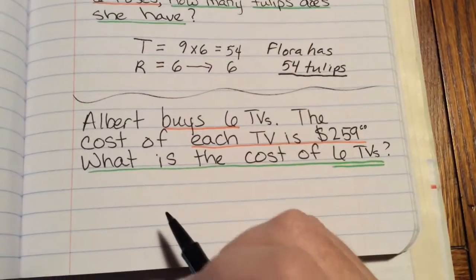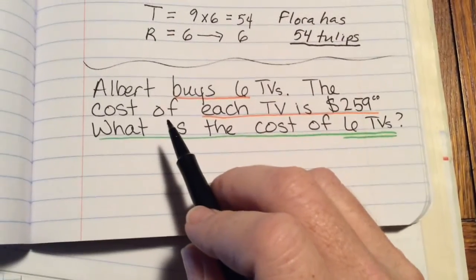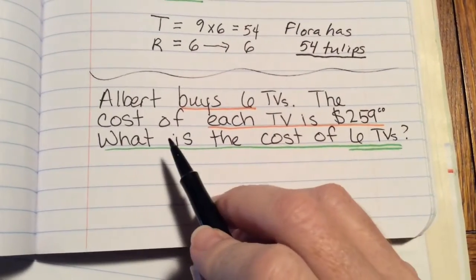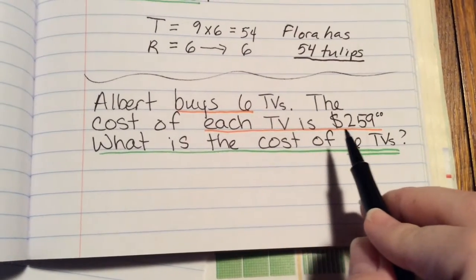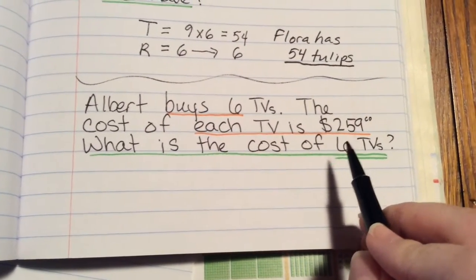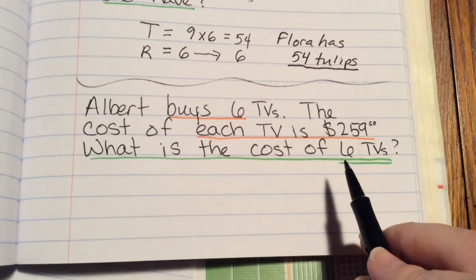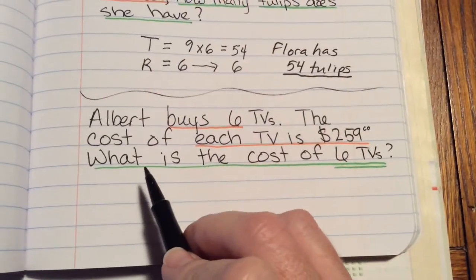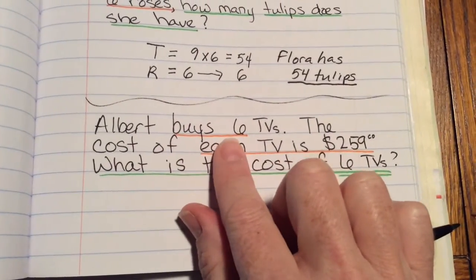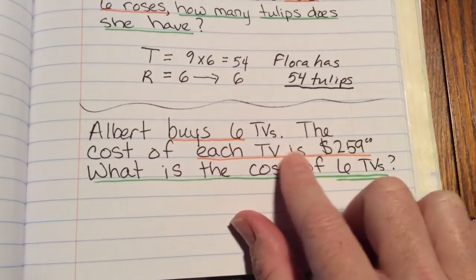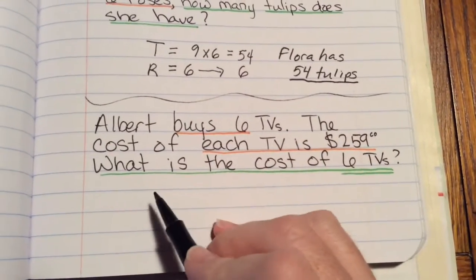Okay, here's our next practice problem. Albert buys 6 TVs. The cost of each TV is $259. What is the cost of 6 TVs? Okay, so what we know is that he's buying 6. And we also know that each one is $259.